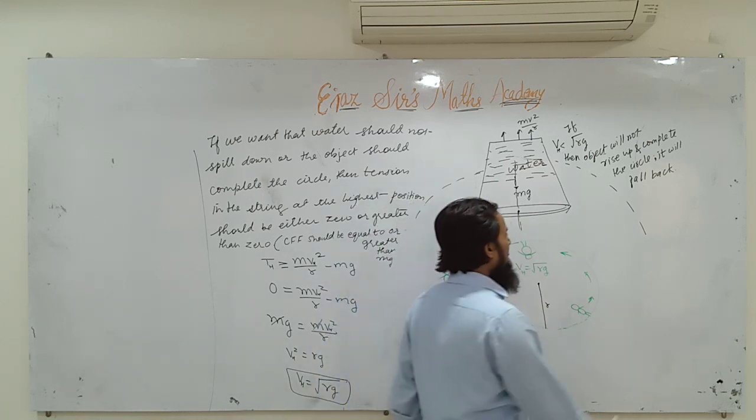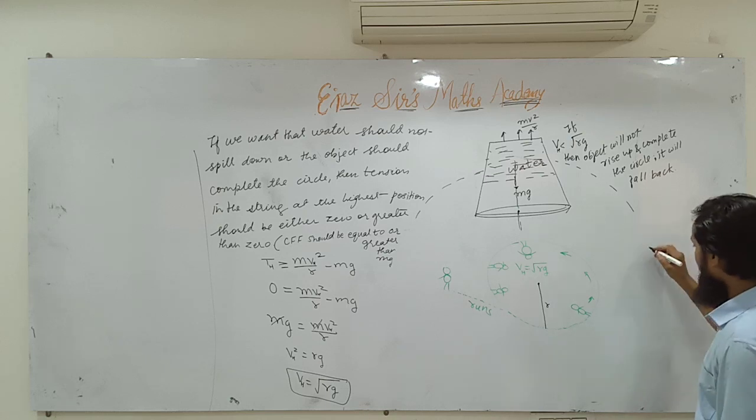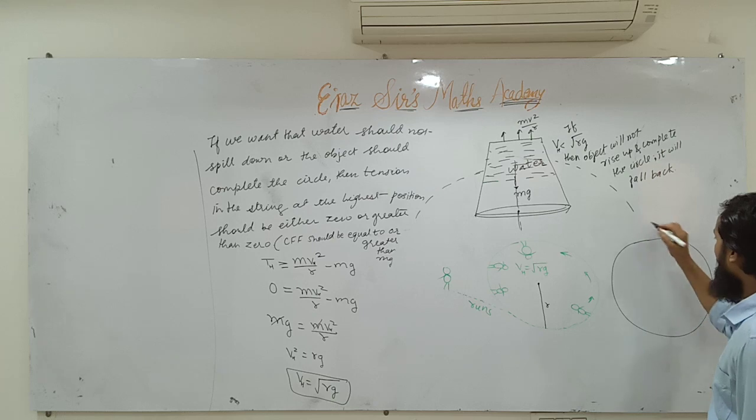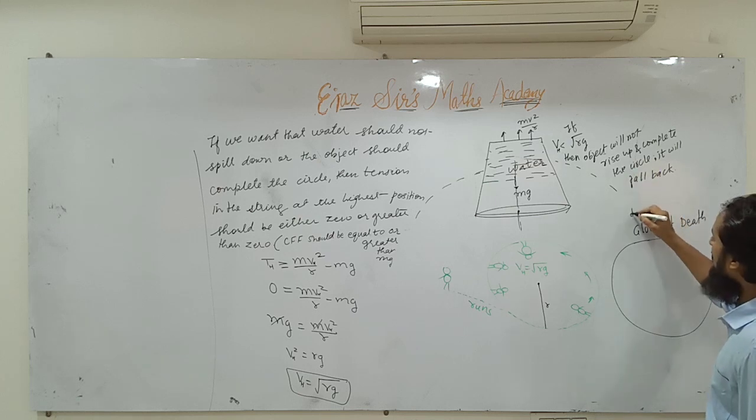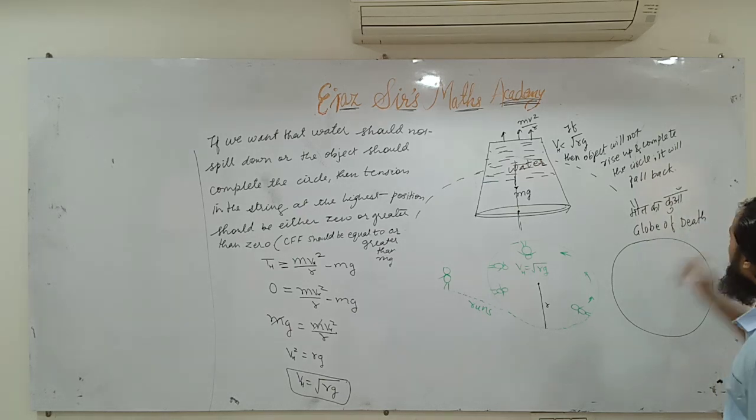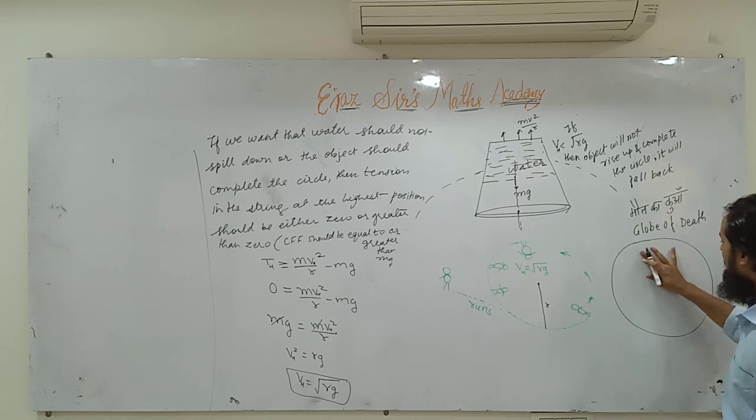And the same thing takes place in a globe of death. Have you ever seen a person riding in a globe of death? In Hindi, people call it maut ka kuwa. So it's globe of death. There is a person who is riding on a bike.